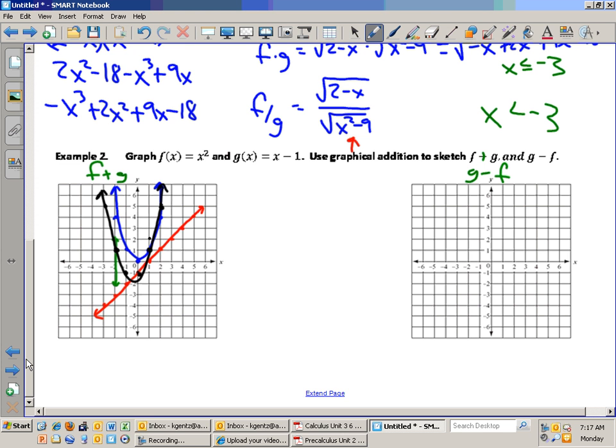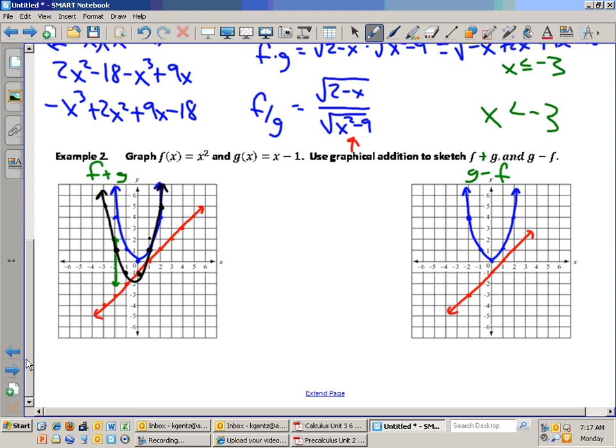I'm going to do subtraction now. I'm going to plot the same thing, 0, 0, 1, 1, 2, 4. That's my shape. Now that I have that shape, I'll do the other one again. And this time I do subtraction, g minus f.